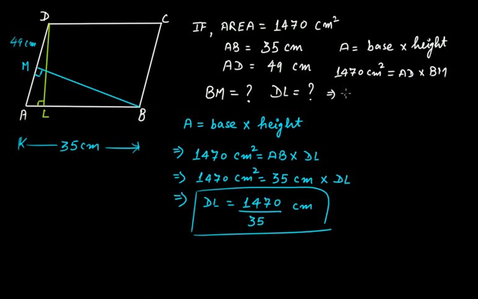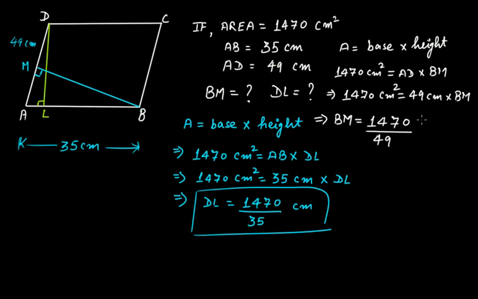So this becomes 1470 centimeters square equals AD, what is AD length? That's 49 centimeter times BM. So BM becomes 1470 over 49 centimeter. This is the length of BM. Now again, I'm leaving this division for you. Just simply divide it and you'll get the answer.